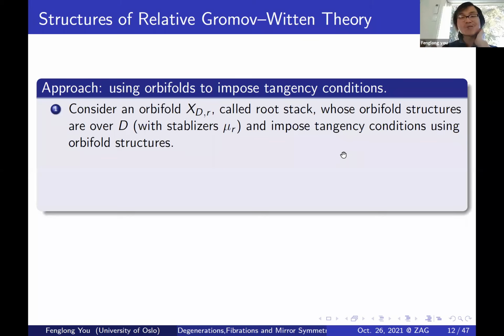usually, relative Gromov-Witten theory is difficult to study, and the approach here is to use some orbifolds.